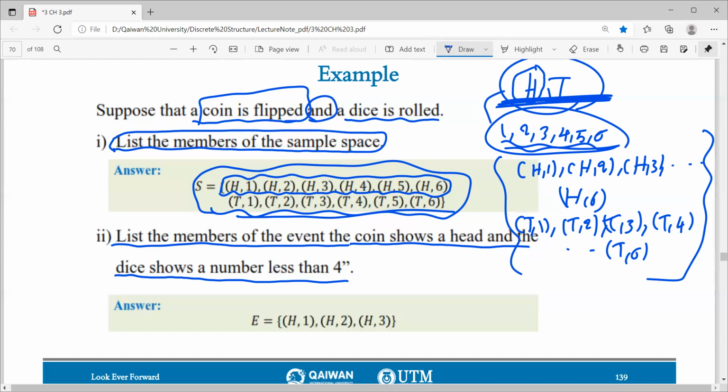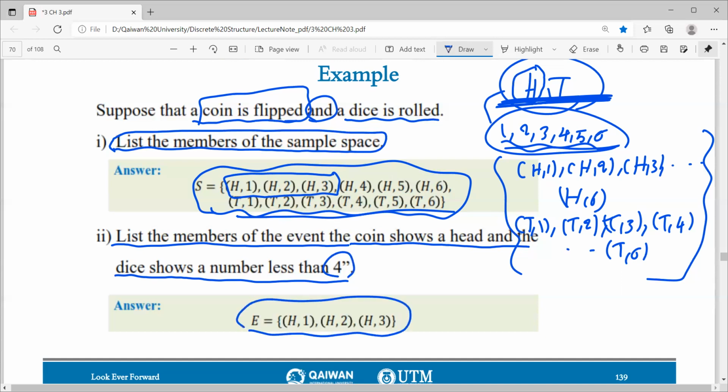So 4 is not included because it says less than 4. So what are the numbers which are less than 4 with heads? We have 1, 2, and 3. That means we have only these 3 elements for the second question. It says head and a number which is less than 4. So you have only these 3 elements for event E.